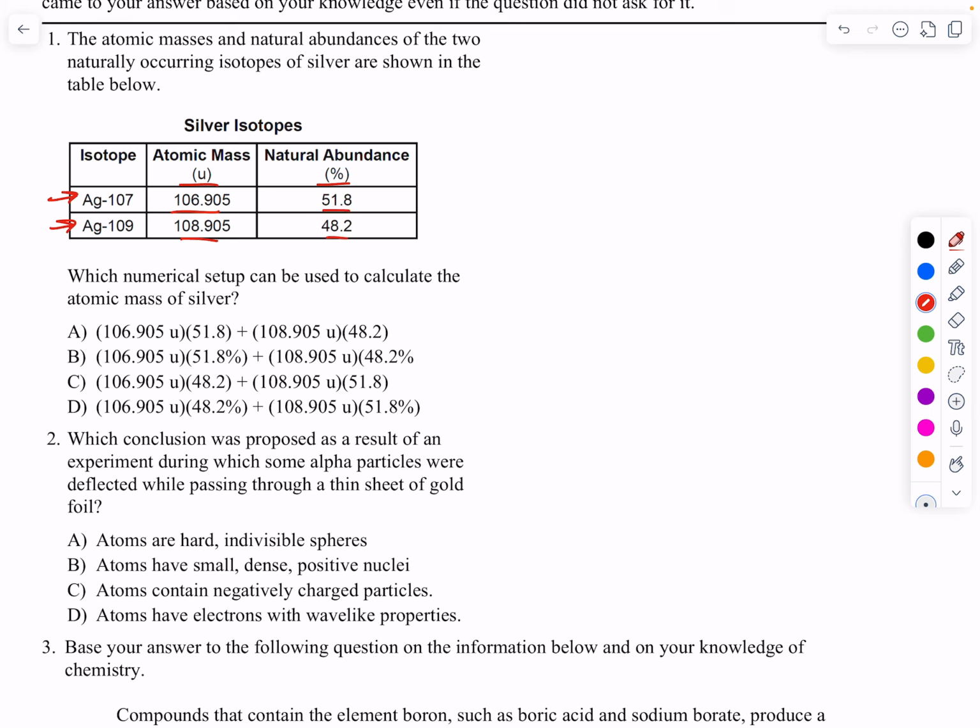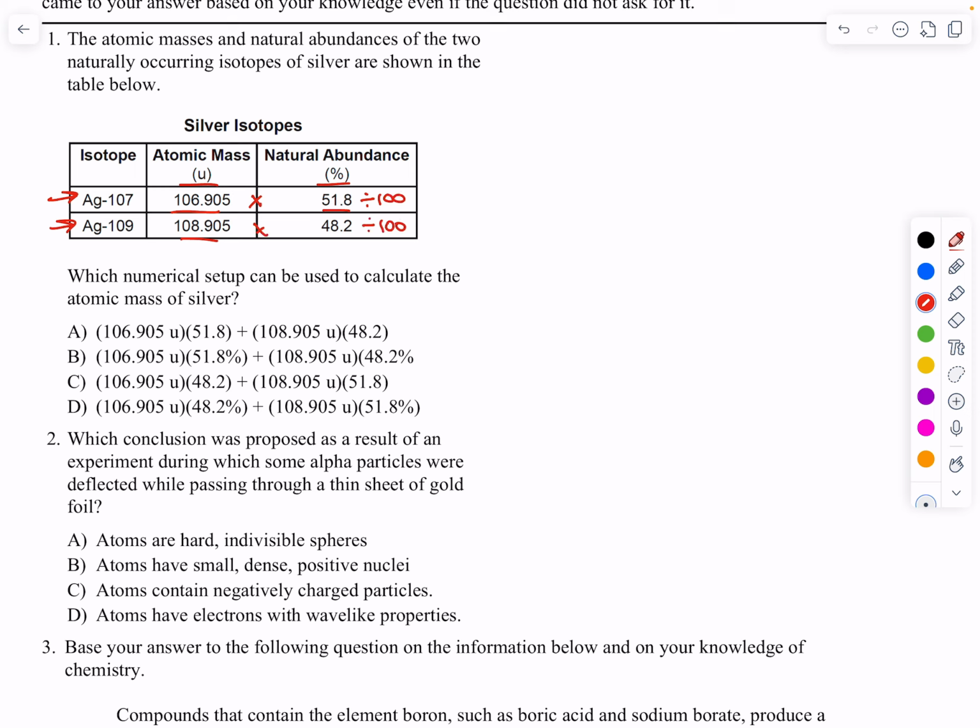So out of all the silvers in the world, 51.8% of them weigh 106.905. We want to determine the overall atomic mass. How we would need to do that is we would multiply the atomic mass by its natural abundance, but make sure that you divide it by 100 because it is a percent, right?